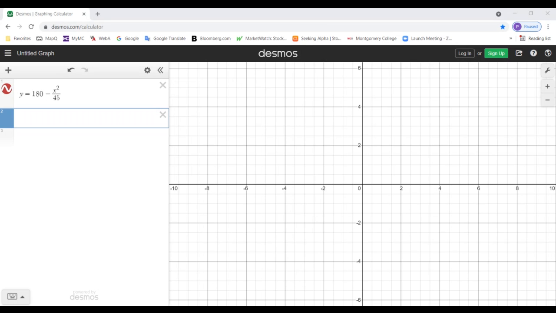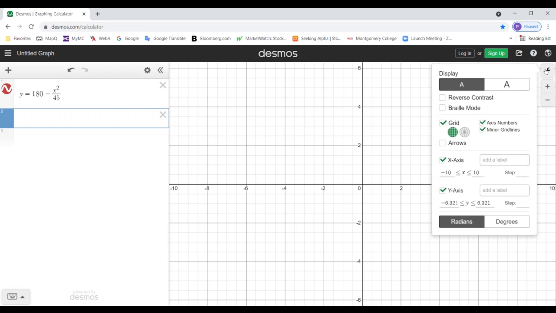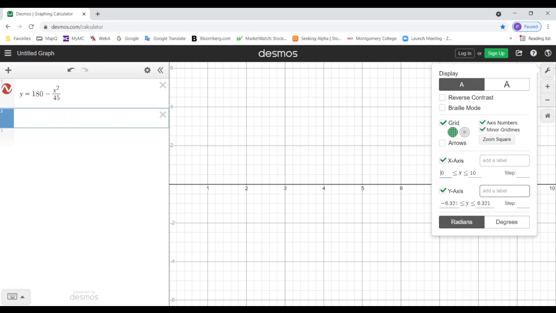So what we have to do here in Desmos is go to where the wrench is, graph settings. For the x-axis, I'll start at 0 because x is the horizontal distance, so at the beginning that's 0, and maybe I'll go up to 100.